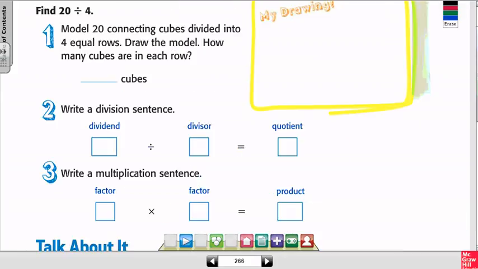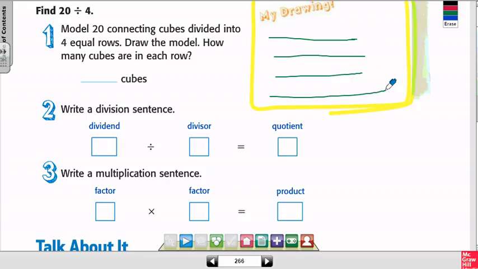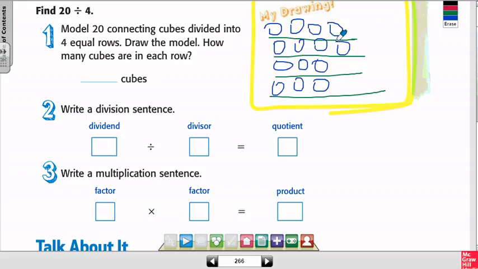Find 20 divided by 4. Model 20 counters and divide into 4 equal rows. All right, so 4 rows. 1, 2, 3, 4. And then put each counter in each row until I run out of counters. 1, 2, 3, 4, 5, 6, 7, 8, 9, 10, 11, 12, 13, 14, 15, 16, 17, 18, 19, 20.